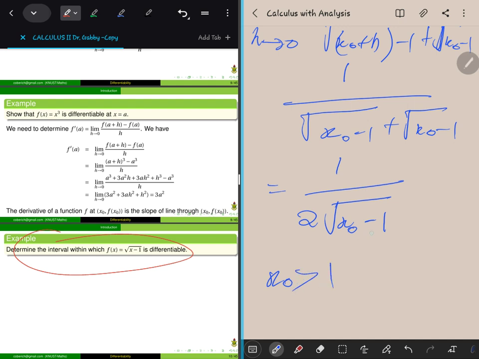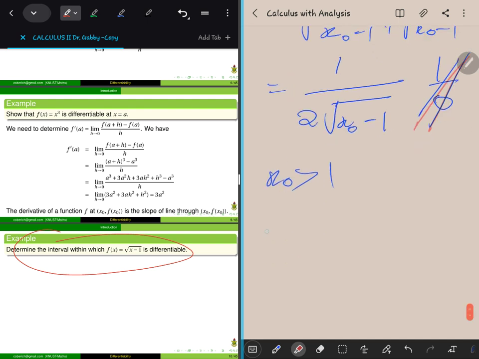But the moment it is 1, we end up getting 1 minus 1, that'll make it 0. We don't want anything divided by 0. So the only way we can make this defined is when x naught is greater than 1. So that's the domain.